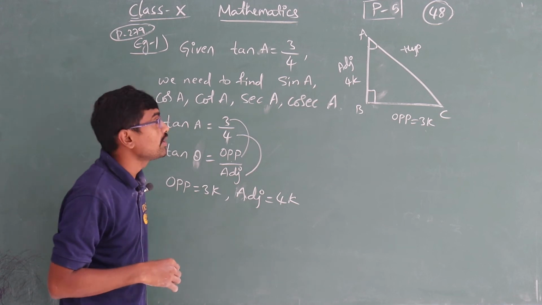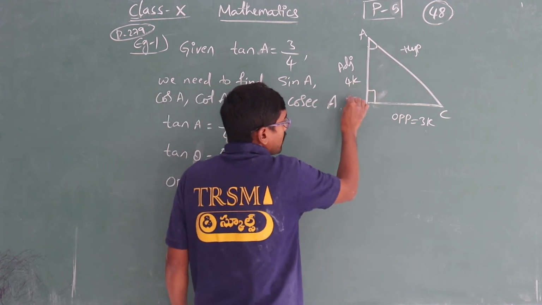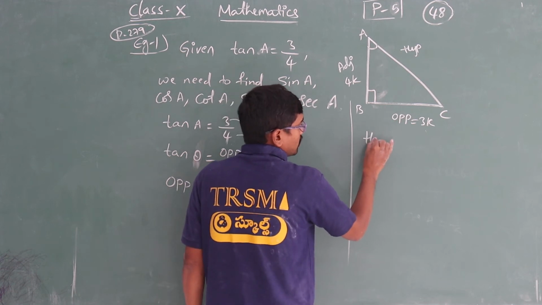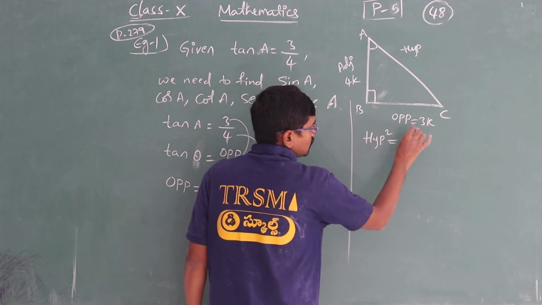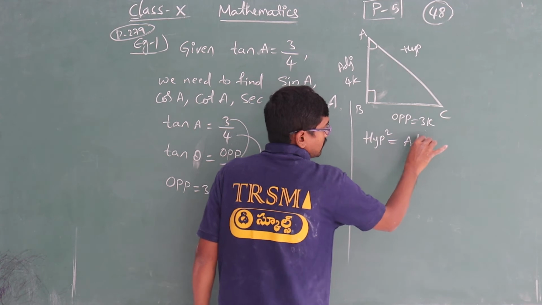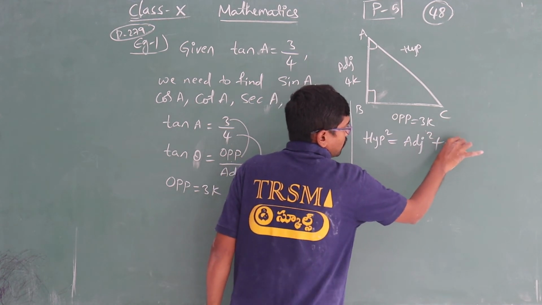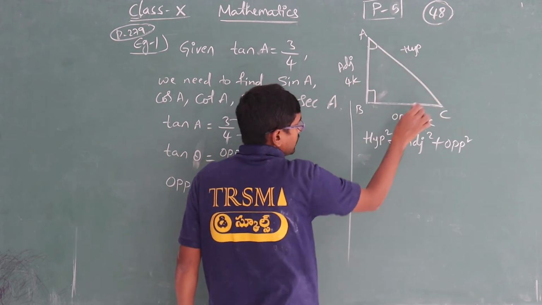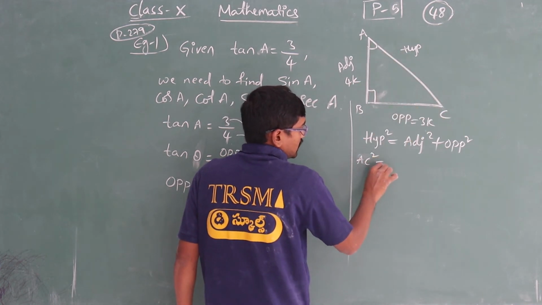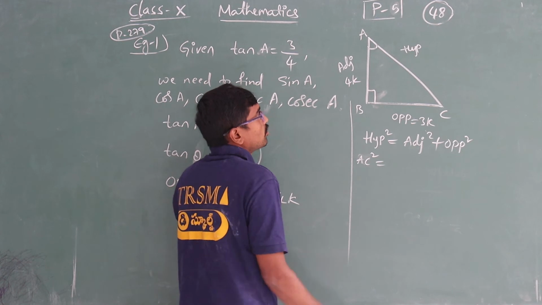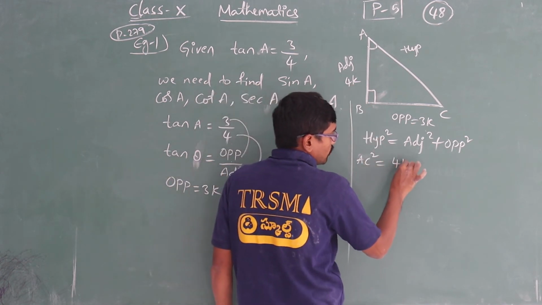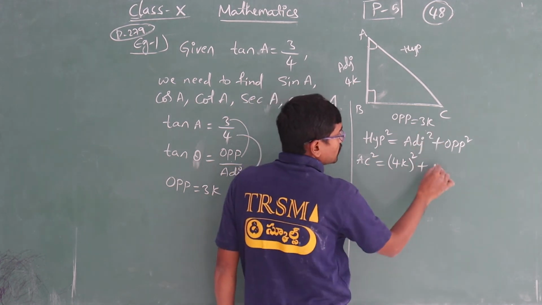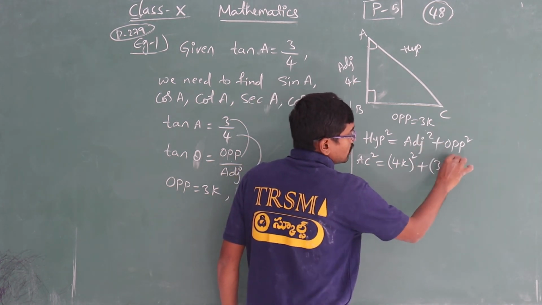Am I right? Now we have to find the hypotenuse side. How will we find it? Yes, by using the Pythagoras formula. Hypotenuse square is equal to adjacent square plus opposite square. Here the hypotenuse is this side, AC square, equal to adjacent square, which is 4k whole square, plus opposite, which is 3k whole square.